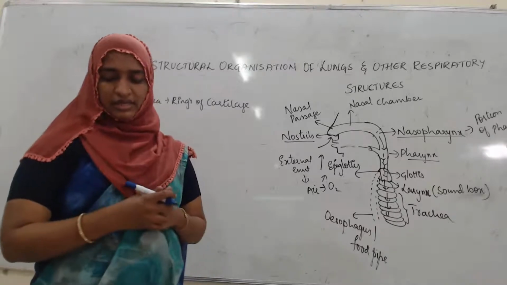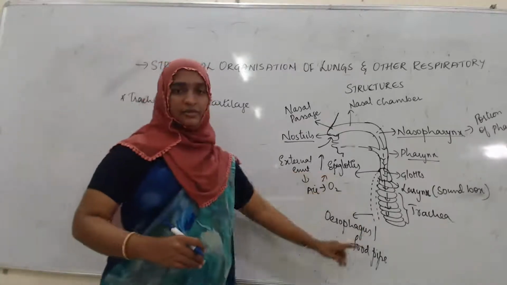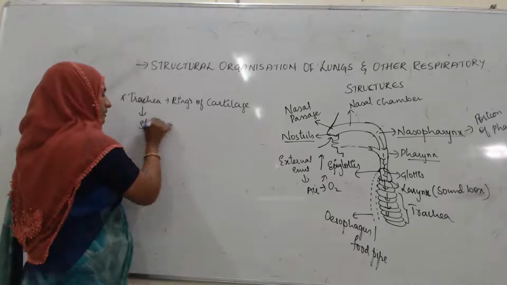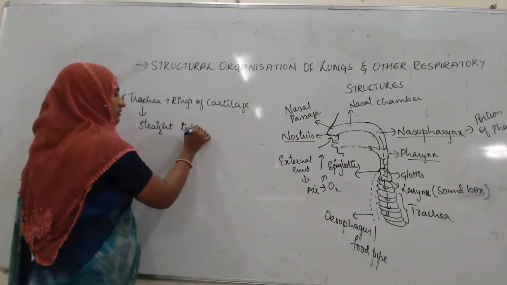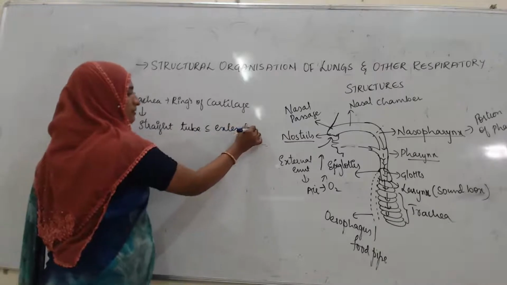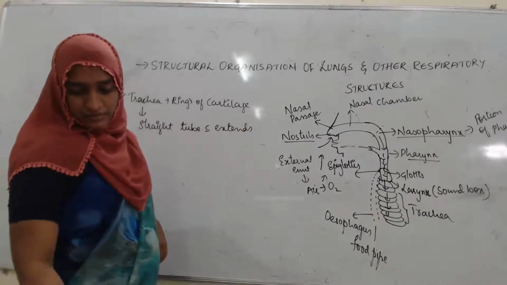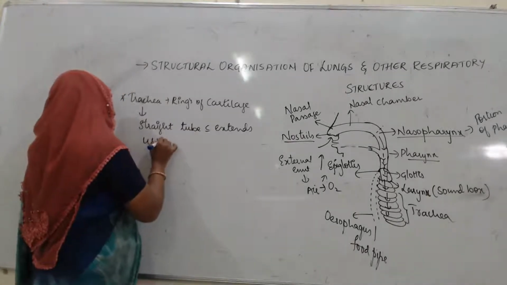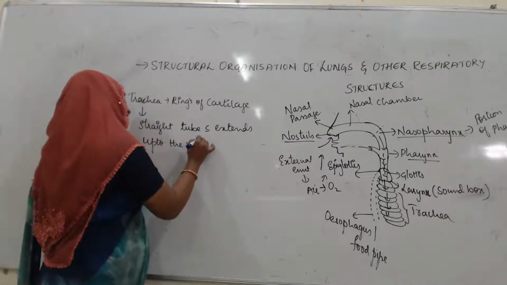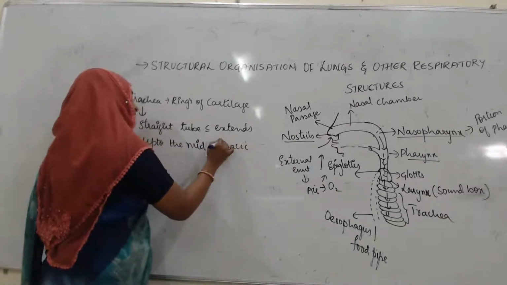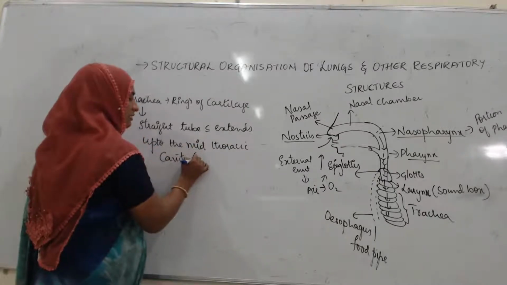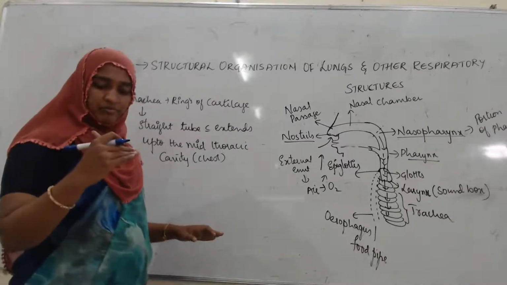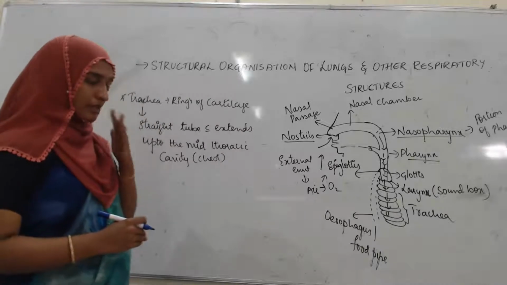Here the trachea is a straight tube which extends up to the mid-thoracic cavity, that means in the chest region. Only at the middle part it is going to extend. How? I will show you here.